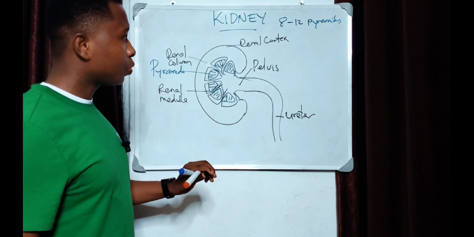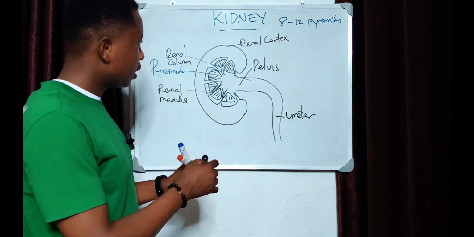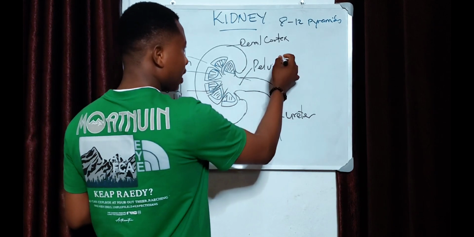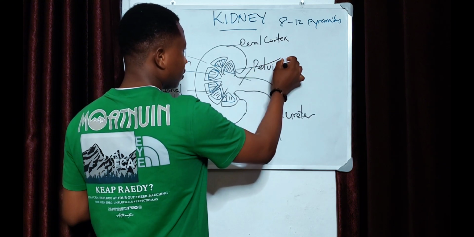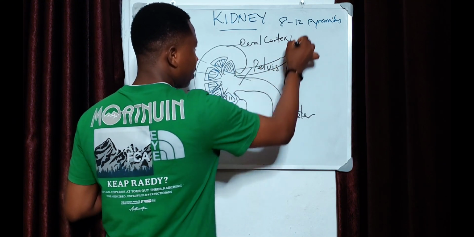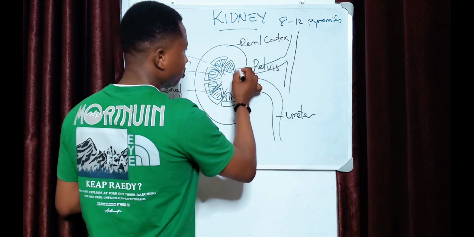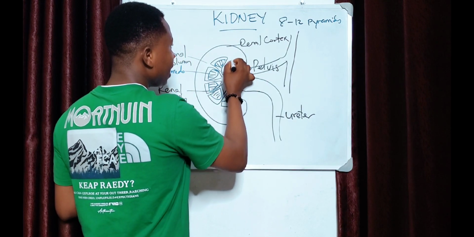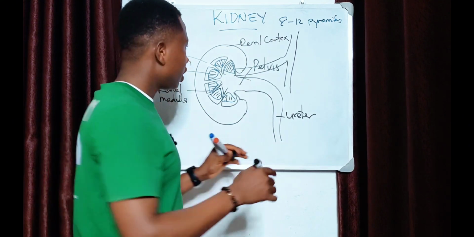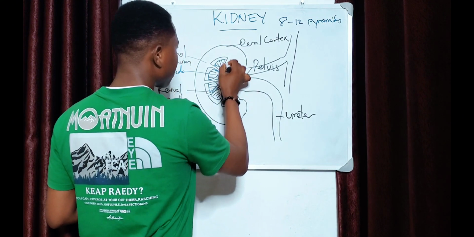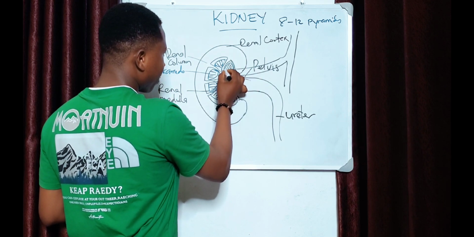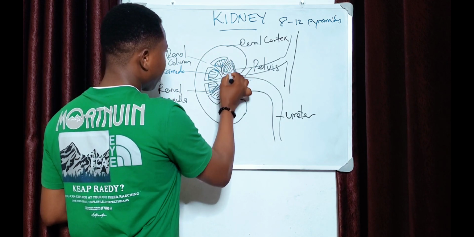Now, another thing happens. We have the renal artery. The renal artery enters from this point, and it enters and branches into the renal columns.